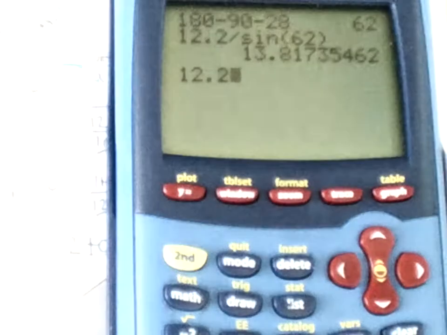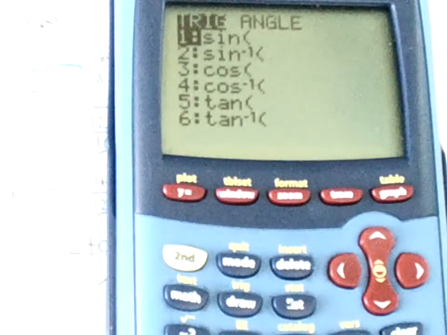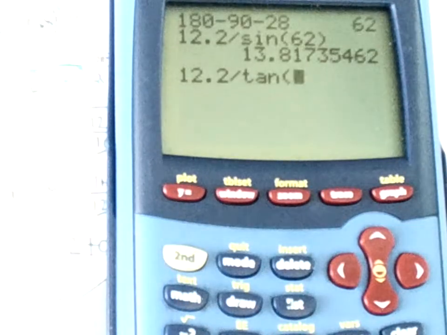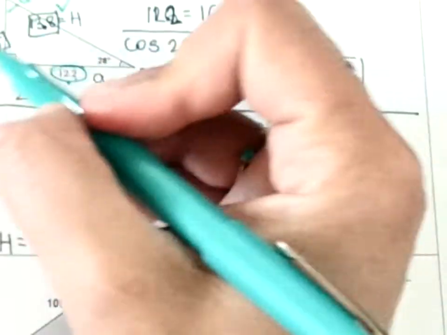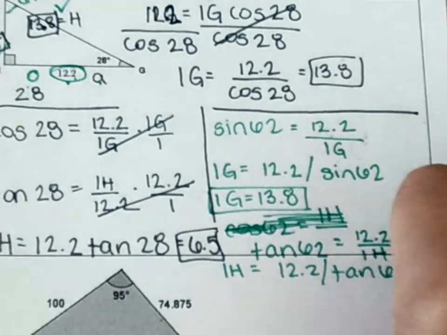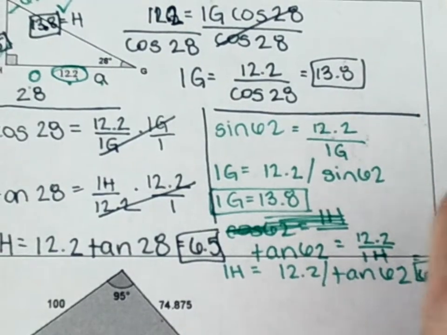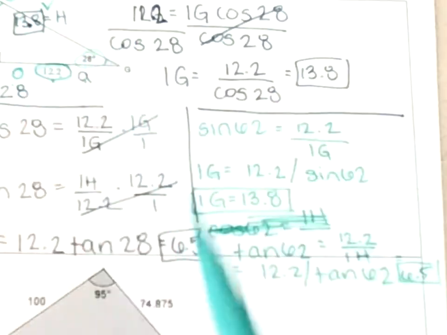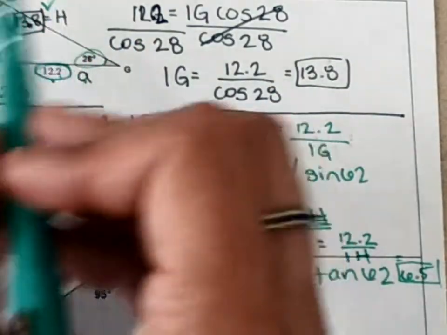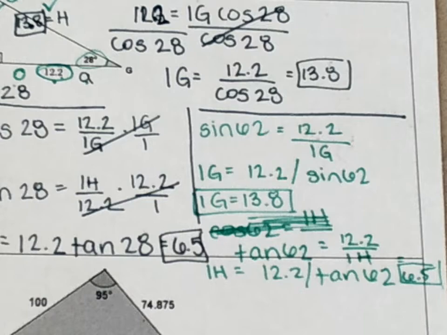So 12.2 divided by tan of 62, and we get 6.5, which is what we already got. So it doesn't matter which angle you're using. You could use 28 or 62, one of the two acute angles. You're still going to get the same numbers.